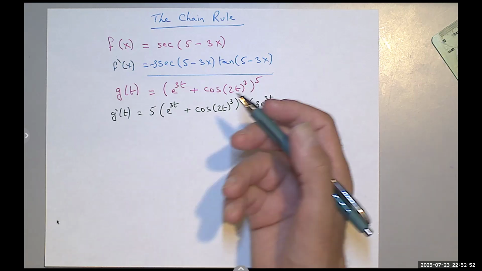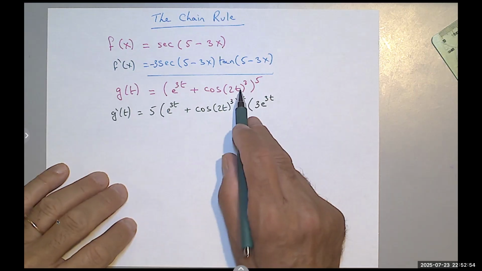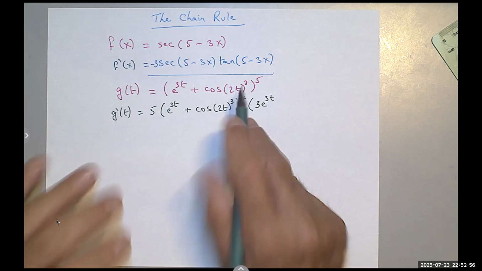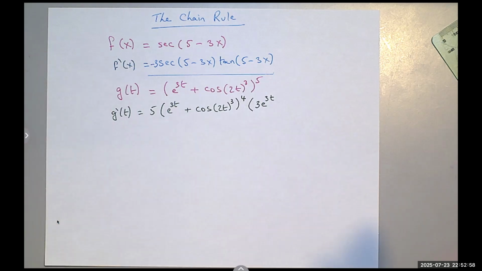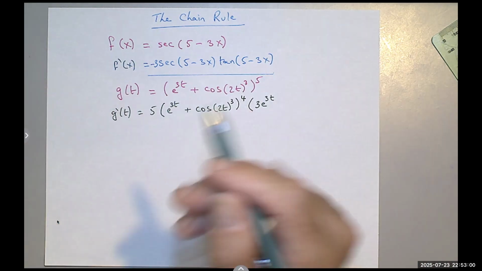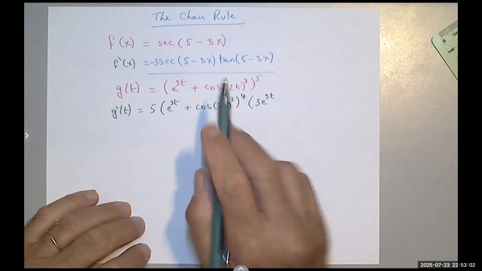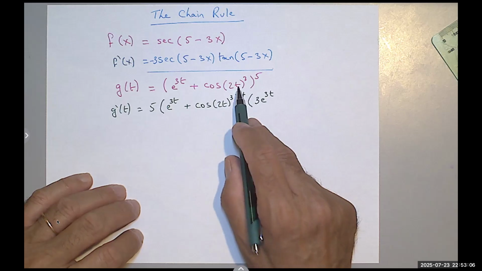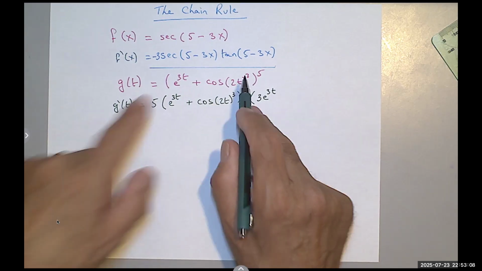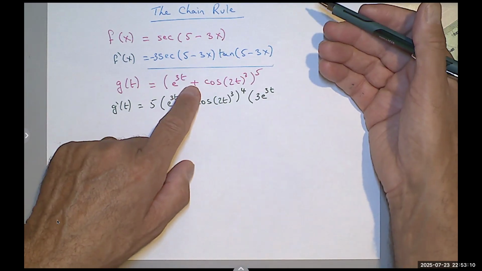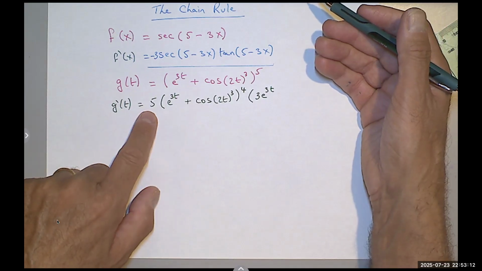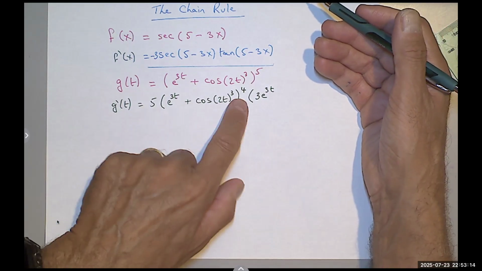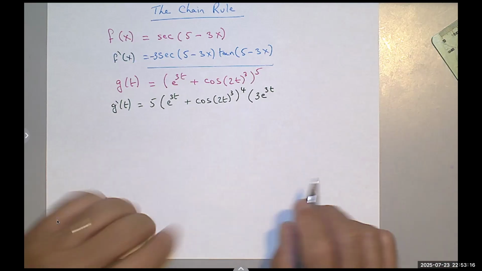Because when you do it, first of all, you would multiply 2 by t, and then you cube that, and then you take the cosine. So it's the last thing you do. Like here, I take e to the 3t, and then I take 2t, cube it, take its cosine, add them up, and then raise to the fifth power. That's why the 5 is the first thing you do, and you decrease this by 1.